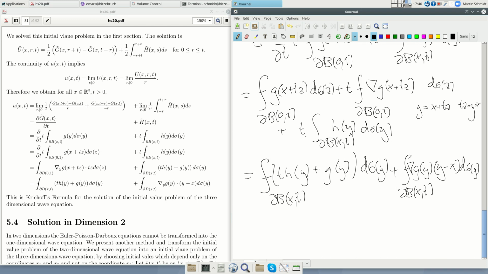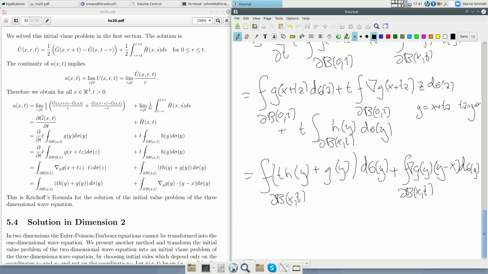Here the t, here is missing the z. This t we put inside and combine it to t z, then we have that t z is y minus x.